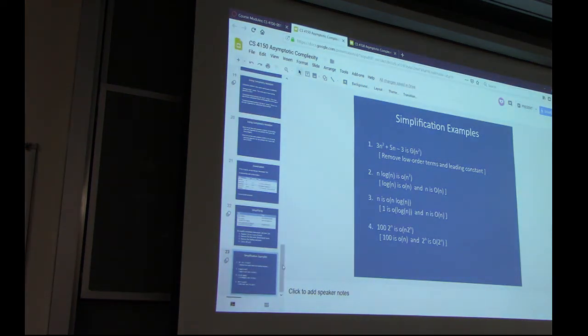Okay, so sometimes you need to simplify things and it's not clear what the high order term is. This just helps you do this.